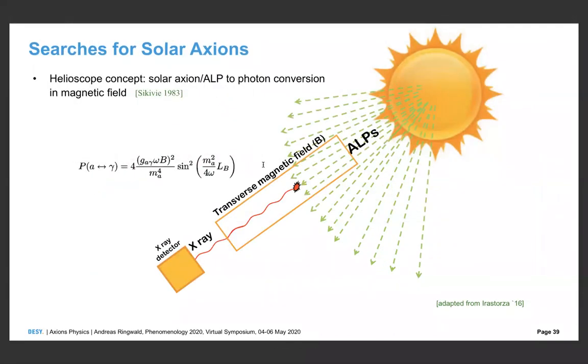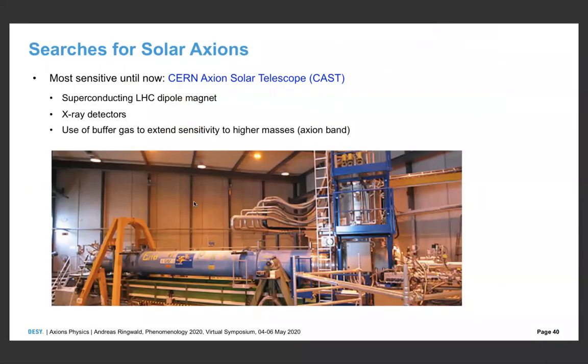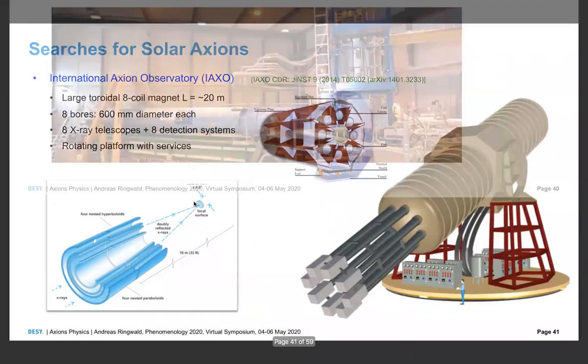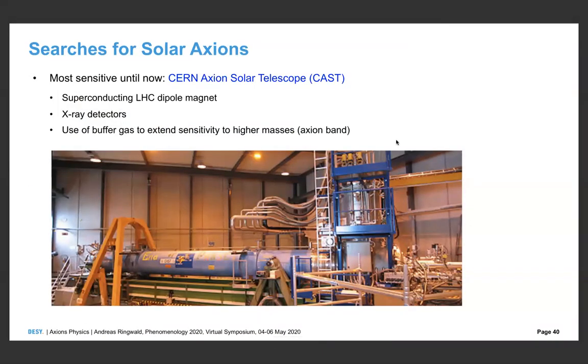And the idea was then also proposed originally by Sikivie to look for solar axion-ALP conversion to photons in a magnetic field by pointing a magnet towards the sun. And so the CERN Axion Solar Telescope, CAST, was the biggest and most sensitive of these kinds of experiments.